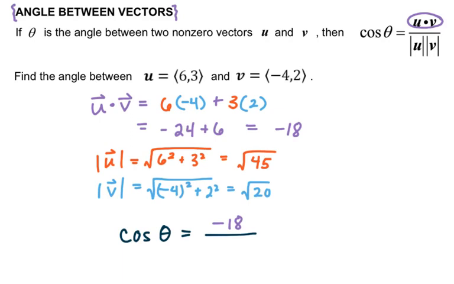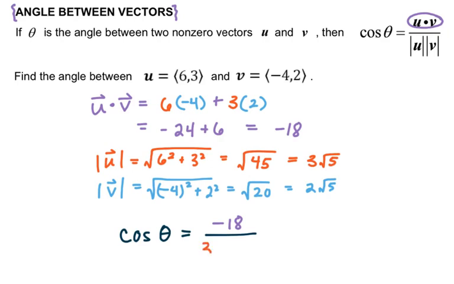And I'm going to go ahead and just reduce each of these. 45 is 9 times 5, so that's the same as 3 root 5 when I take the square root of 9. And root 20 is 2 root 5, because that's 4 times 5. Square root of 4 is 2.